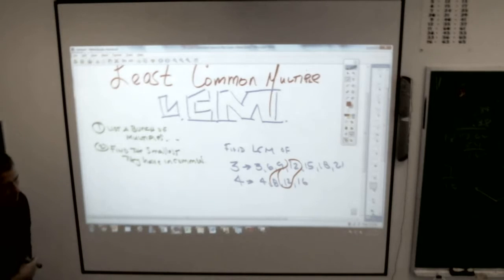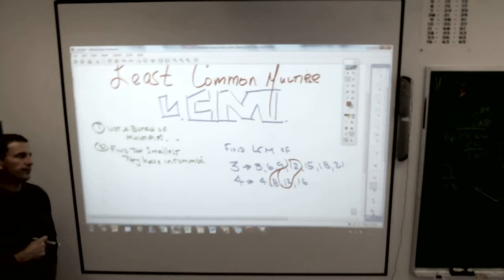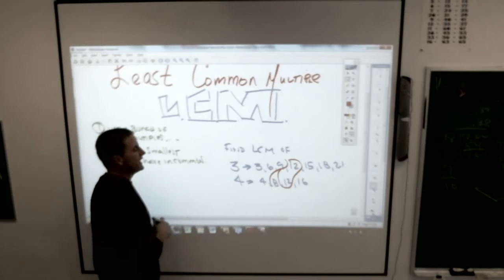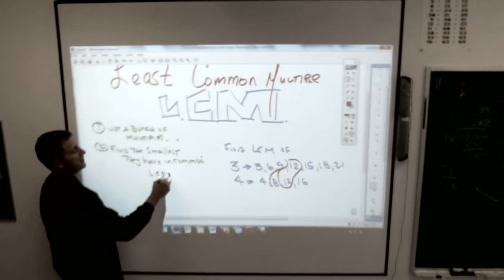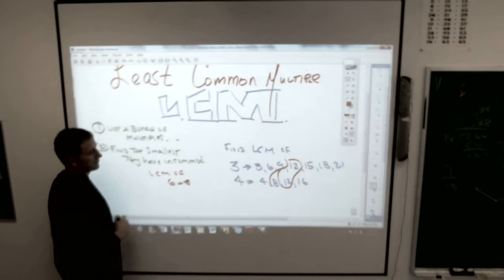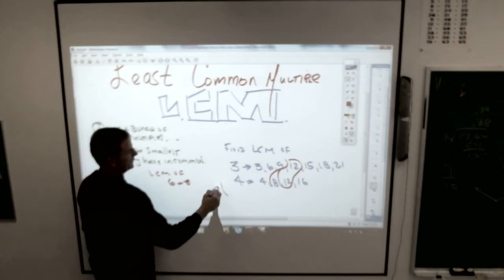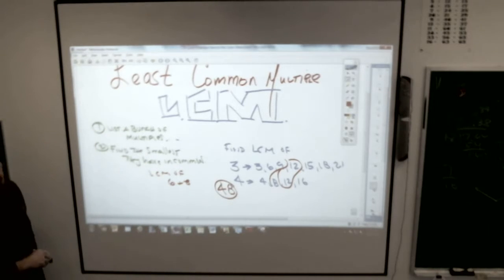Now, you might say, well, isn't that the same thing as those two numbers multiplied together? Not always. For example, if I asked you the LCM of 6 and 8, if you told me 48, you would be incorrect. 48 is a common multiple, but it's not the smallest one they have in common.